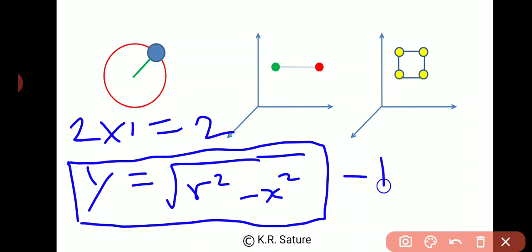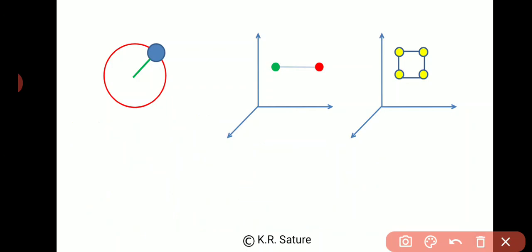So I have one equation of constraint. So what will be the degrees of freedom? As we modified our equation, that will be 2 minus 1 is equal to 1. What does it mean? It means that by only one coordinate we can define the other coordinate. So the degree of freedom is only 1.